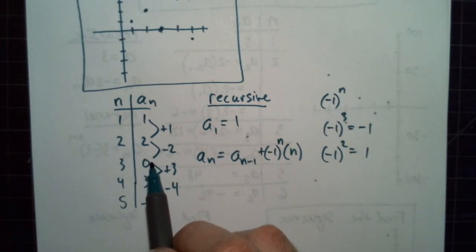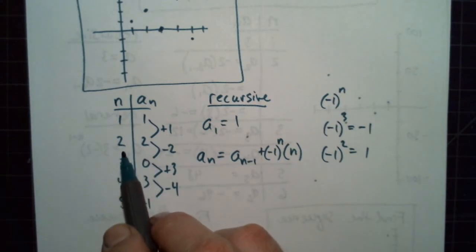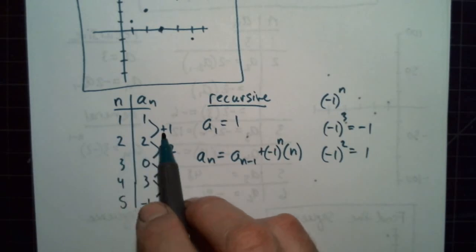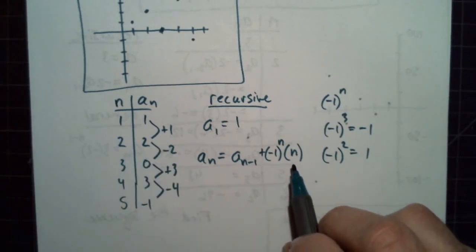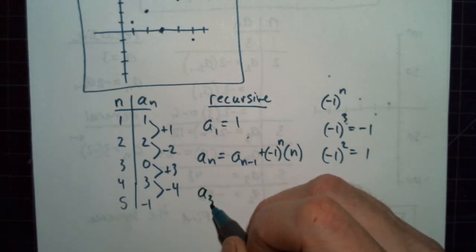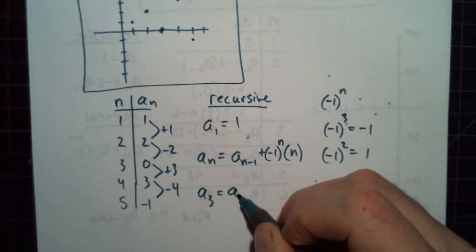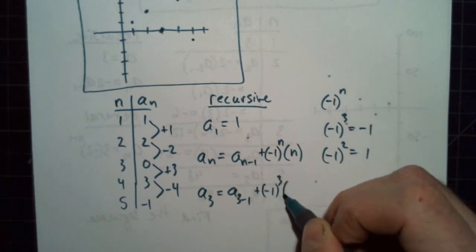Let's see if this is going to work. A3 equals A2 plus negative 1 to the third times 3.